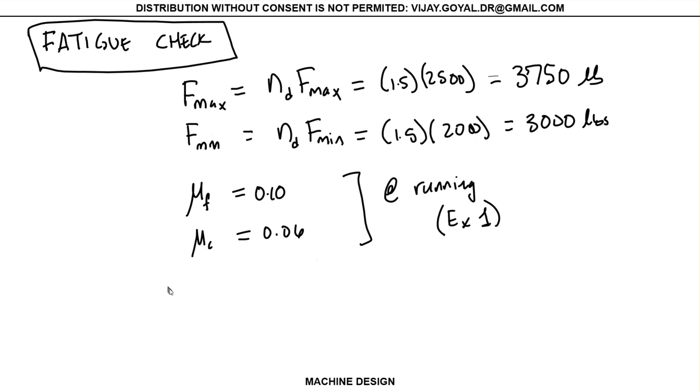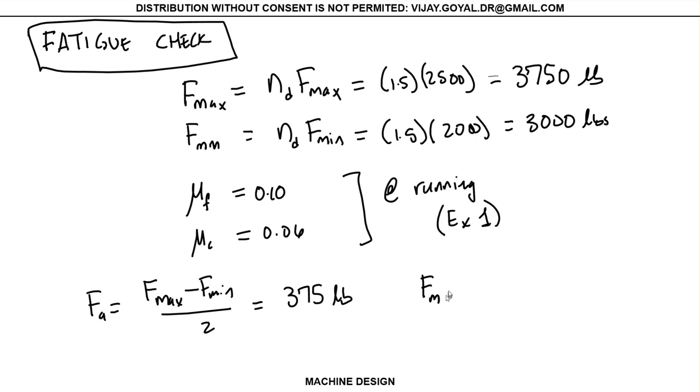The next thing you want to do in the problem is find your F alternate. F alternate will be F maximum minus F minimum divided by 2. That gives you 375 pounds. So you subtract this minus this and divide by 2.